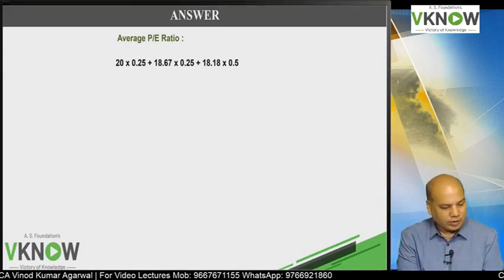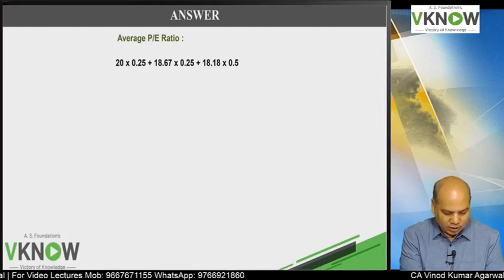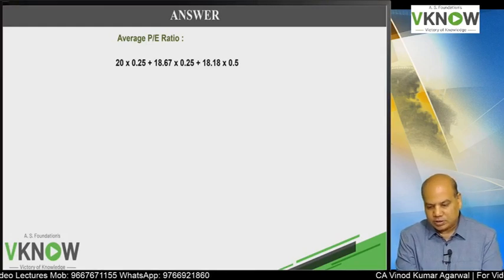You are given in the question the weightage to be given to Udemy will be 25%, Byju's 25%, and Vedantu will be 50%.